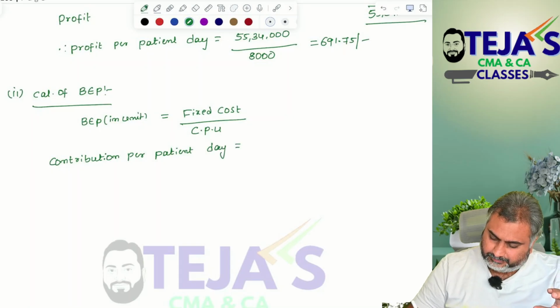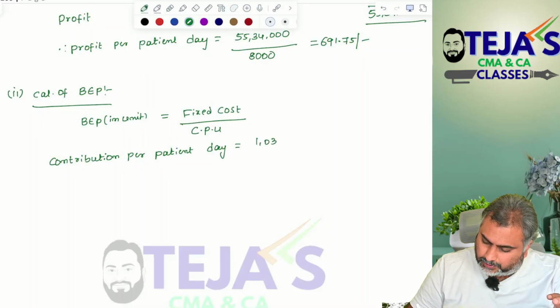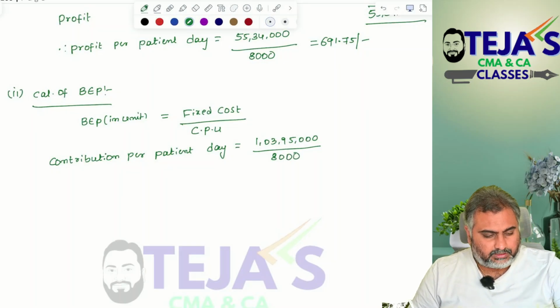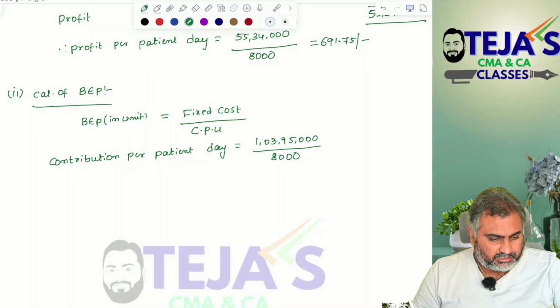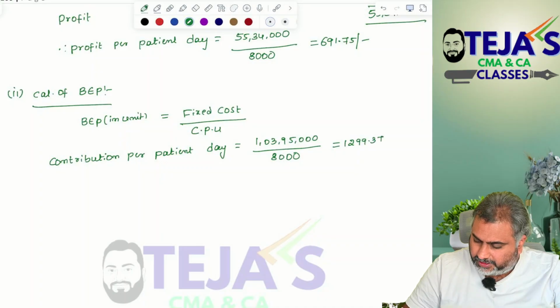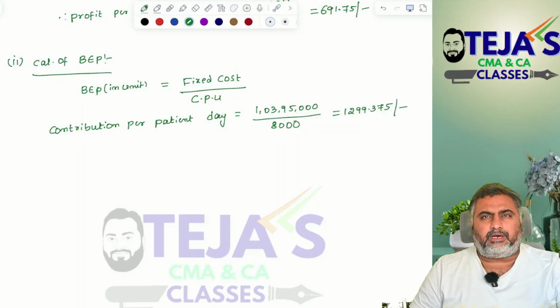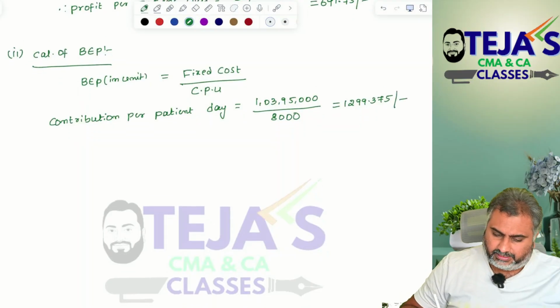What is the total contribution? 1 crore 3 lakh 95,000 divided by how many patient days? 8,000. That is equal to 1299.375 rupees. This is the per day contribution we are getting.